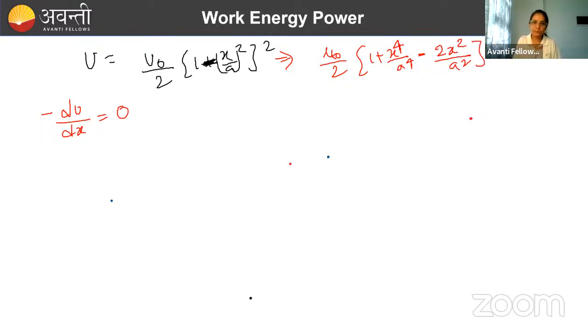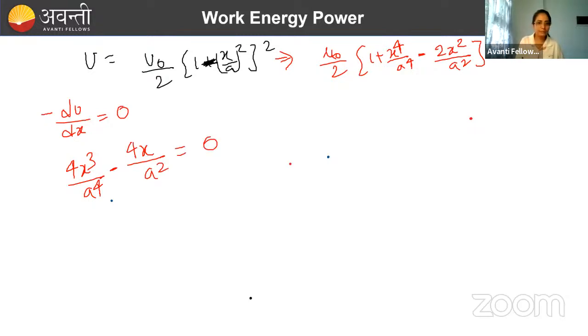This is, we have to differentiate this. Again, if you're going to differentiate it, I'm not going to write all the equations. Direct differentiation I'm going to do. So here, what value we will be getting? We will be getting 4x³ by a⁴ minus 4x by a² equal to 0.